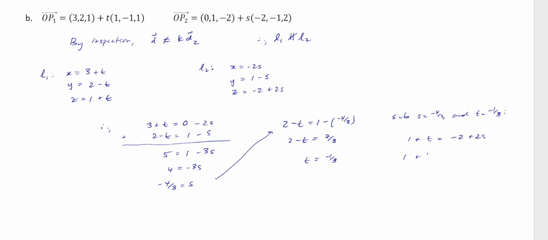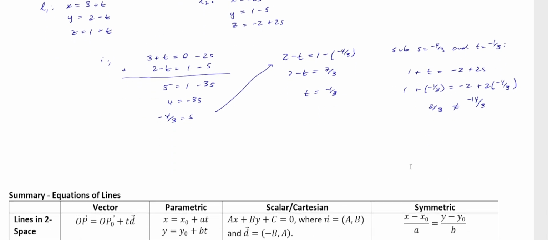And then 1 plus -1 over 3 is equal to -2 plus 2 times -4 over 3. And then 2 over 3 does not equal -14 over 3. So we can see that these parameters, which make the x and y equal, create distinct values of z. And so therefore the lines are skew. So therefore line 1 and line 2 are skew.